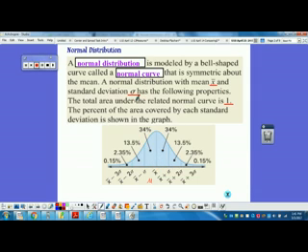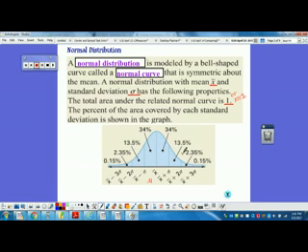And the standard deviation. The total area under the curve is 1 or 100%. 100% of the data must be reflected in the curve.